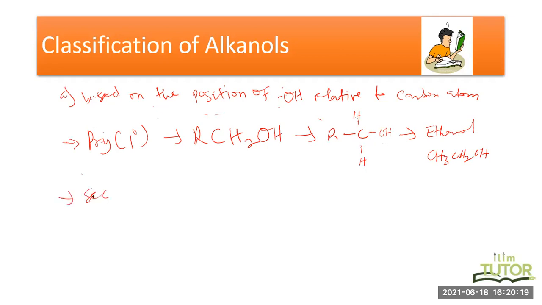We can also have a secondary alkanol, which we call 2-degree. In this case, the OH is attached to a carbon with just 1 hydrogen atom. So basically we have R, C, and R, with only 1 hydrogen atom at that position, and then OH.